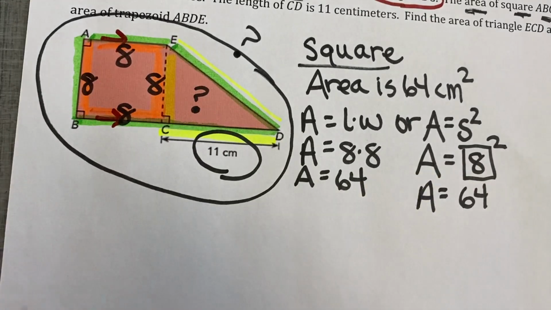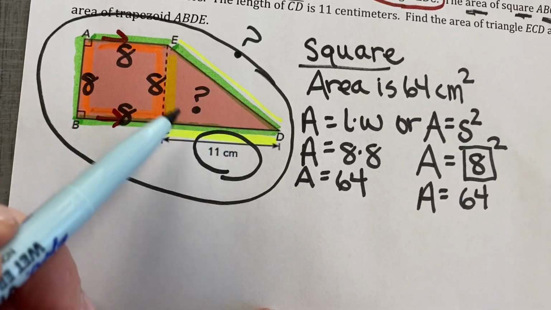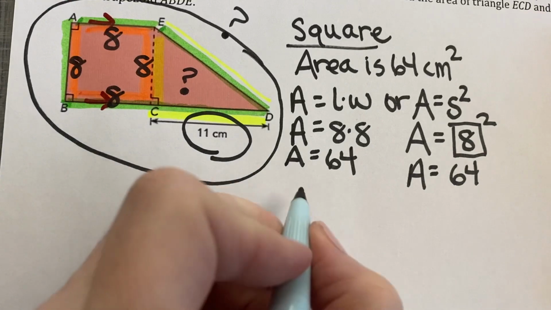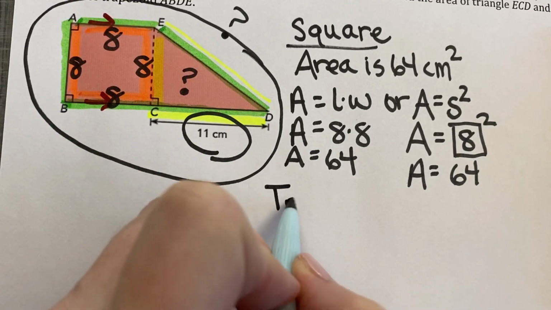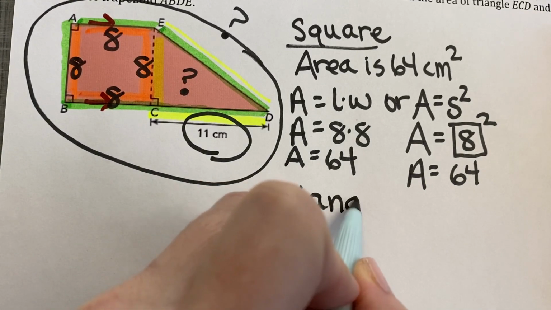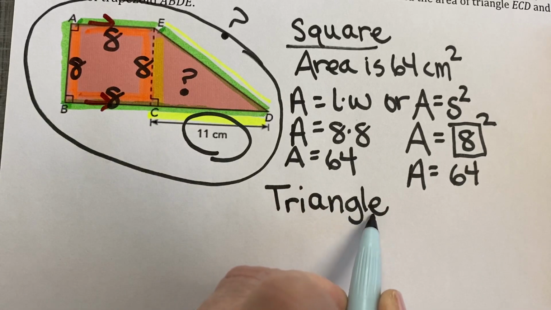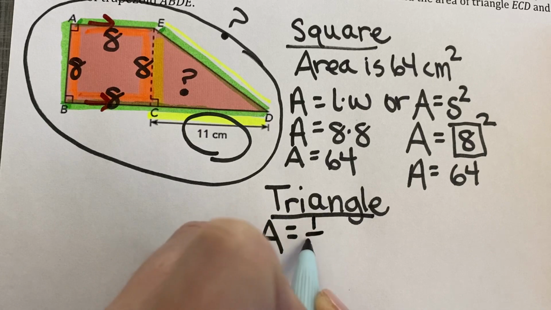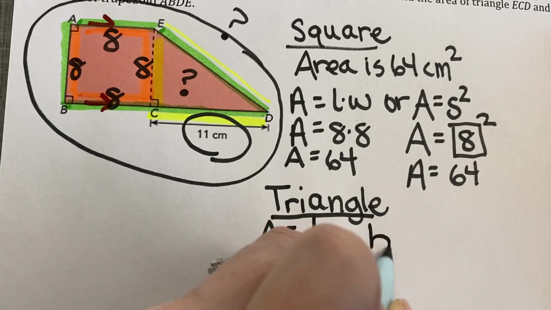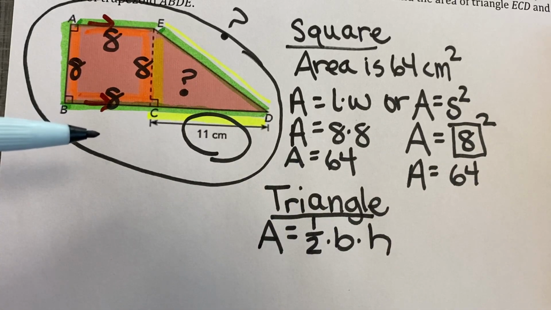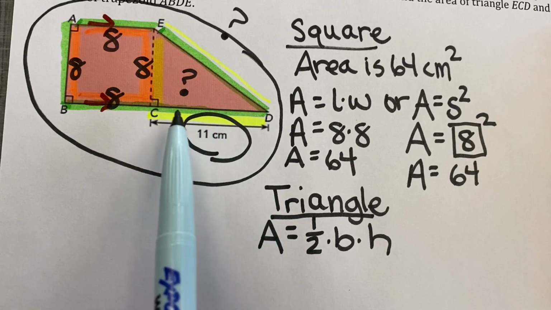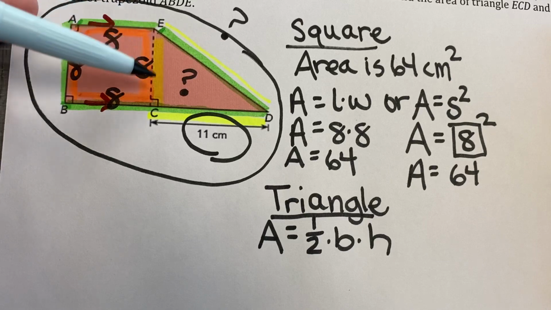Okay, so let's start with the triangle. So if we want the area of that triangle, let's write that word down, triangle. We know that in order to calculate the area of a triangle, we need 1/2 times base times height. Okay, do we have the base and the height? Well, I think we do. Base would be 11 and the height would be 8.